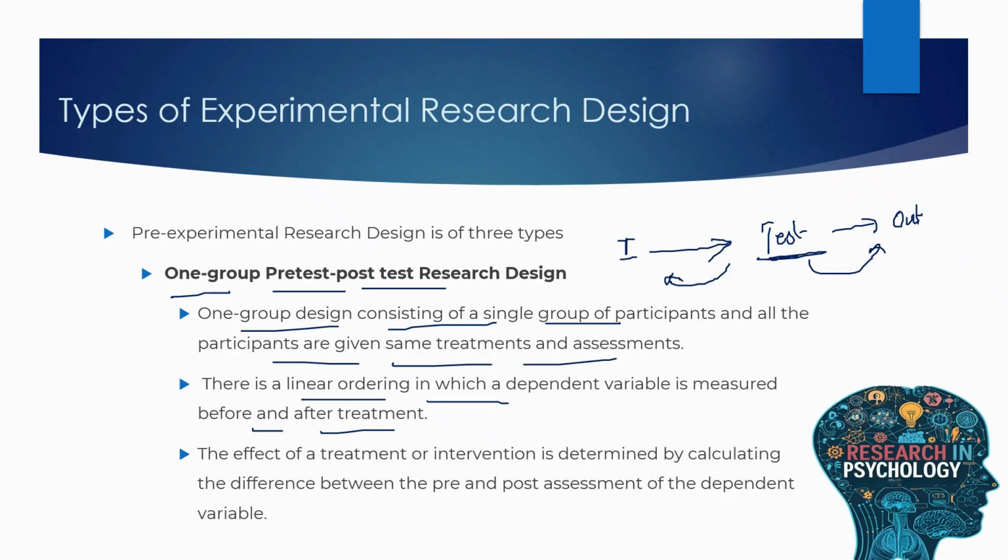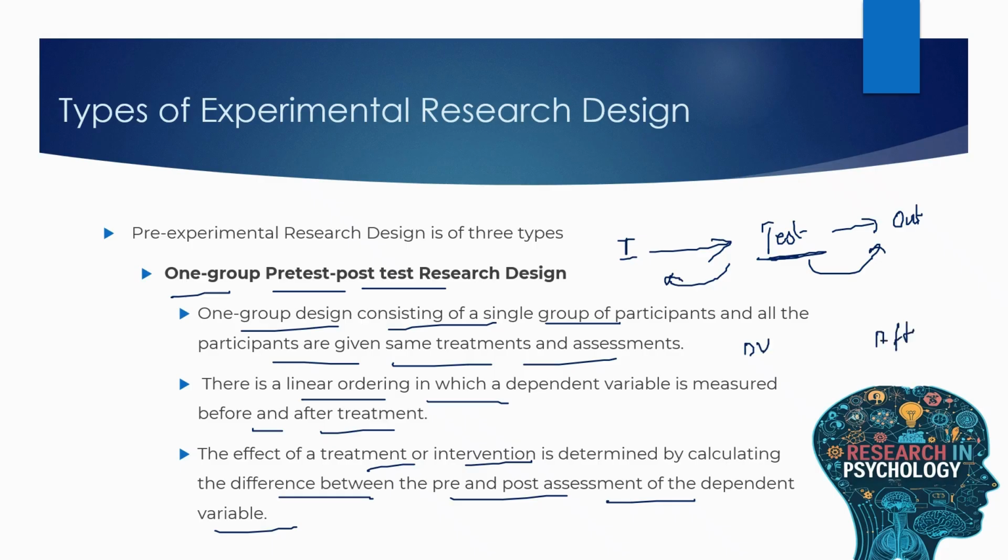So you'll have a test before the experiment, then after the experiment also you will check to see what was the difference between the conditions before and after you applied a particular condition. All right. The effect of a treatment or intervention is determined by calculating the difference between the pre and post assessment of the dependent variable, which means you will see what was the dependent variable before the test and after the test, right?